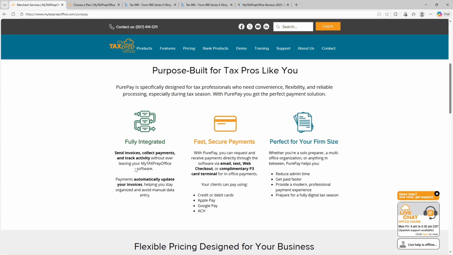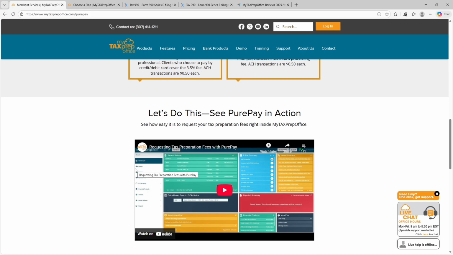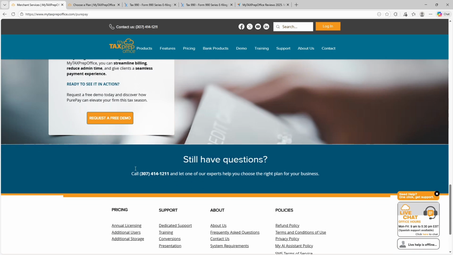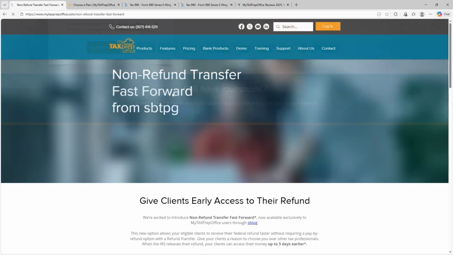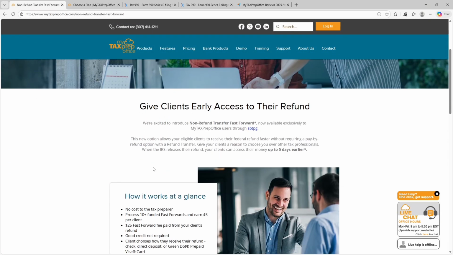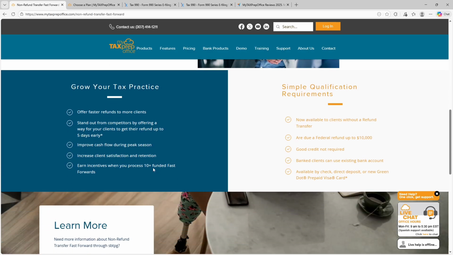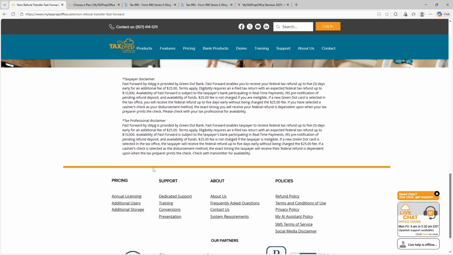From a pros and cons perspective, MyTaxPrepOffice's biggest advantage is predictability and scale. Unlimited filing removes per return math, and broad return coverage supports diverse client needs across individuals and businesses. Client portals, bank products, and e-signature tools streamline peak season workflows and reduce back and forth with clients. The downside is flexibility.